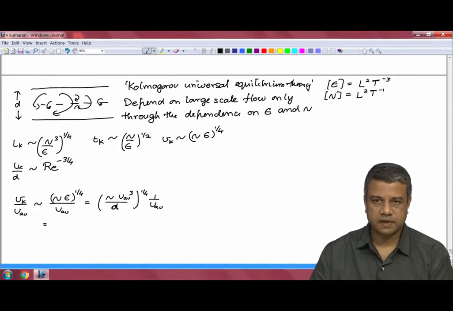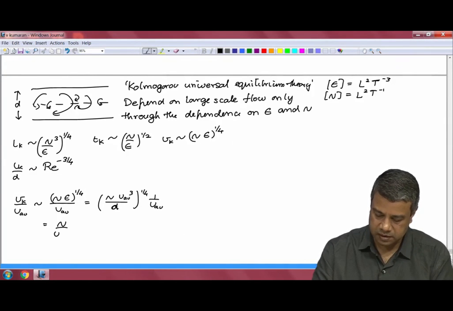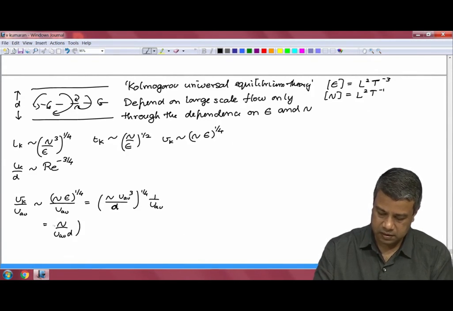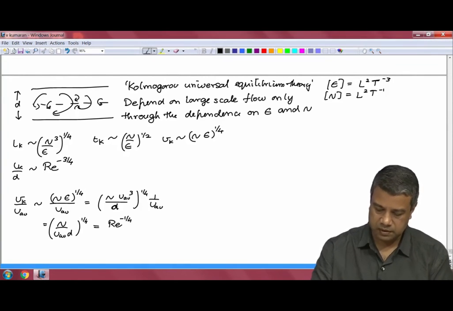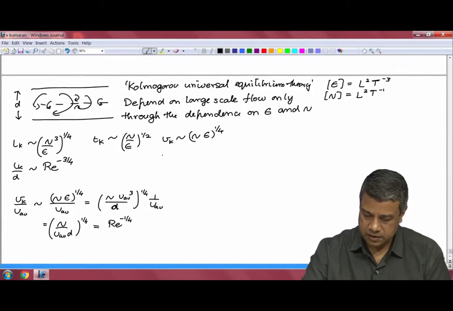And you can easily verify that if I take V average into the brackets, I have V average power 4 there. So, this just becomes (nu by V average d) power 1/4, which is Re power minus 1 by 4. Therefore, the Kolmogorov velocity scale divided by the average velocity goes as Re power minus 1 by 4.